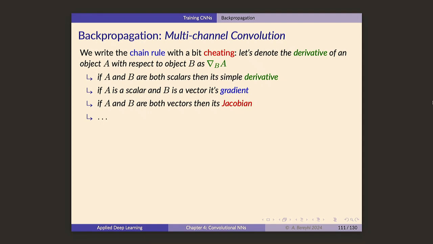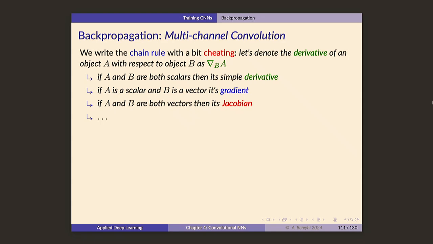They could be scalars, they could be vectors, they could be matrices, tensors, anything. And we don't want to complicate the things, so we're going to always show it like that. For example, if A and B, both of them are scalars, what is that gradient? Gradient of a scalar with respect to another scalar, it is the scalar's derivative, right?